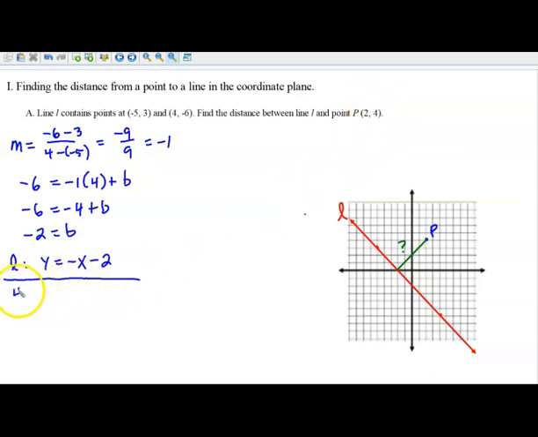So let's plug in y equals m, which would be +1 since they're perpendicular, x is 2, and then plus b. All right, and so we do the subtraction, 2 from both sides, b is equal to 2. So the equation for the perpendicular line is y equals +x plus 2.